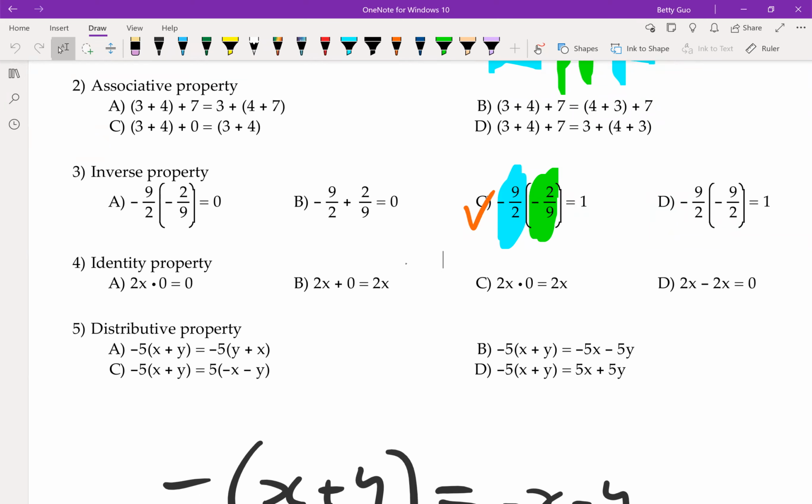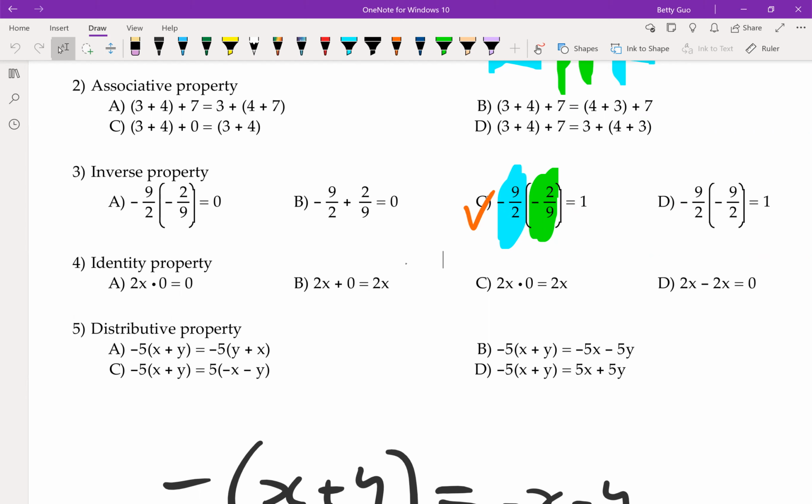But this is more like an inverse property. Look at the D. 2x minus 2x equals 0. You can see the left-hand side as 2x plus negative 2x. In other words, 2x and negative 2x are opposites. Remember opposites?